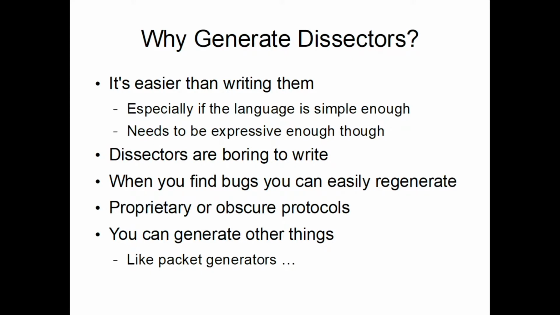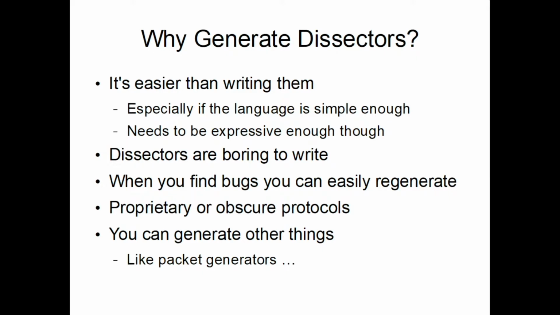So it can be fairly boring, but if it is easier than writing them, especially if the language is simple enough that you don't have to deal with C, and you don't have to deal with making decisions about how the stuff is going to be displayed. If we can absorb all of that in the language, and if the language is expressive enough, then we can do quite a bit around generating dissectors.